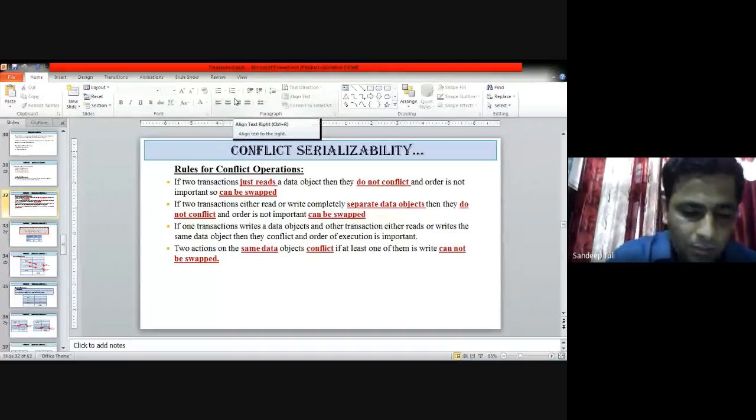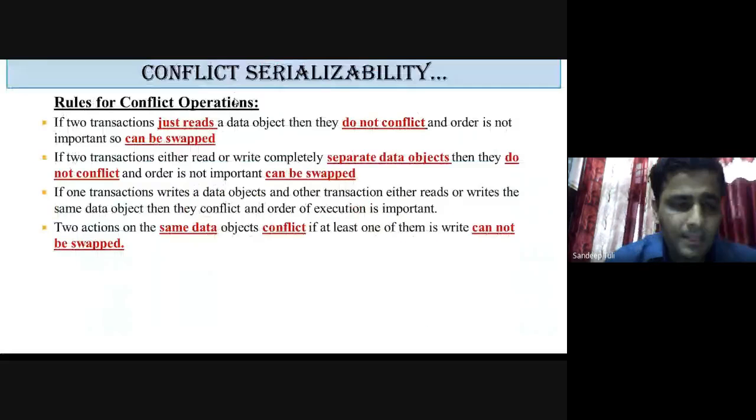So the second rule is that if two transactions either read or write completely separate data objects, it means if transaction T1 is reading A and transaction T2 is reading B, then again they are not conflicting and we can swap them. So reading or writing of different objects again does not matter; the order is not important.